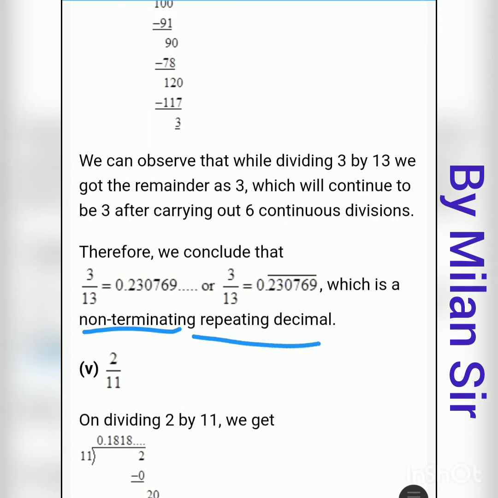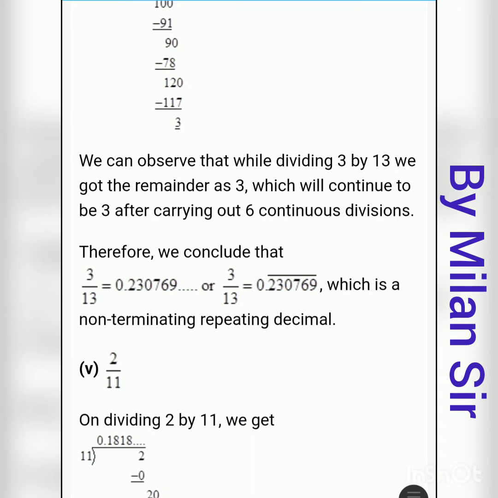So it's a non-terminating repeating decimal expansion. We do not get remainder 0, it means our answer never terminates. So it is non-terminating, but these digits repeat.